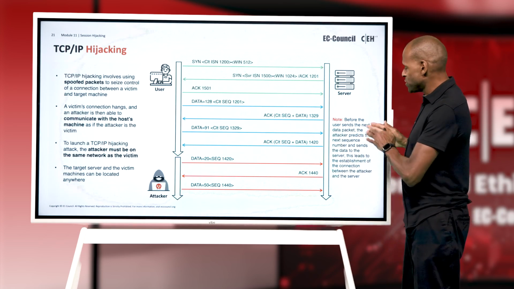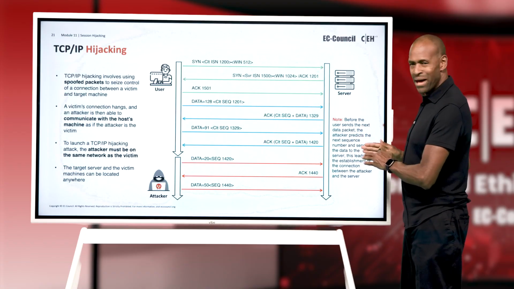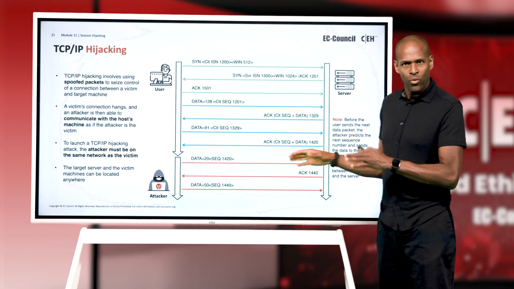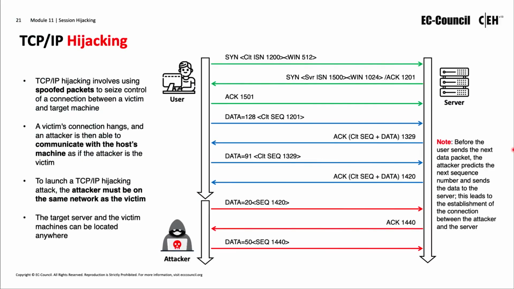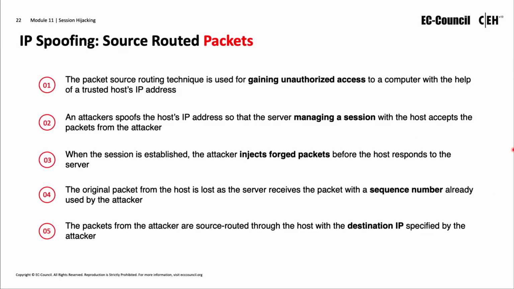And so before the user sends the next packet, this attacker with a sniffer or some software is going to be predicting that next token ID, the token session information, and they're going to be able to take over and hijack that communication.